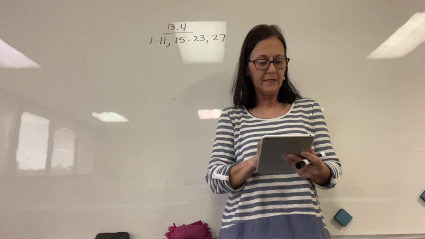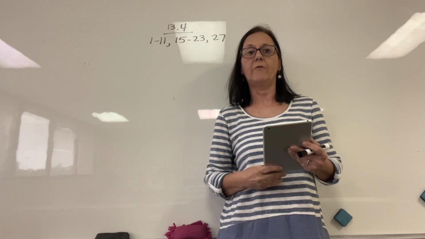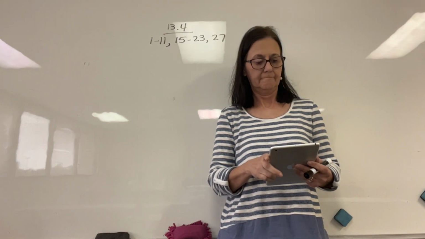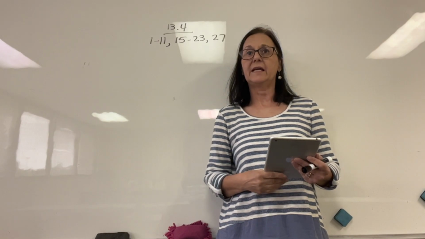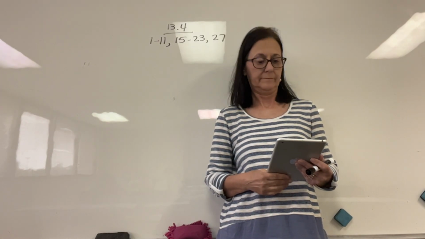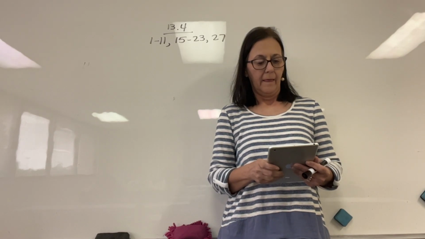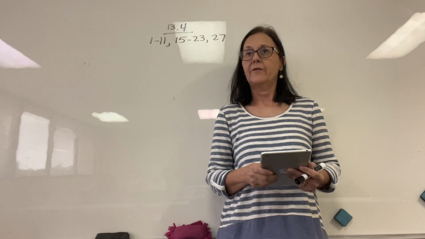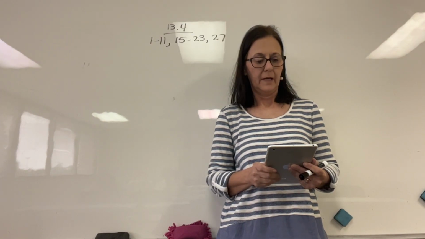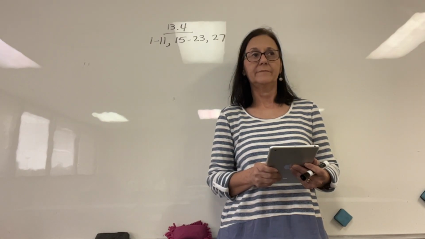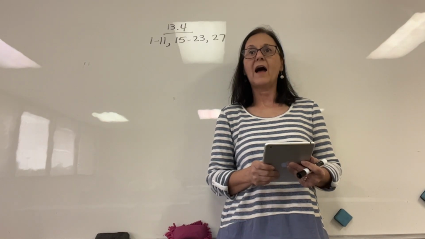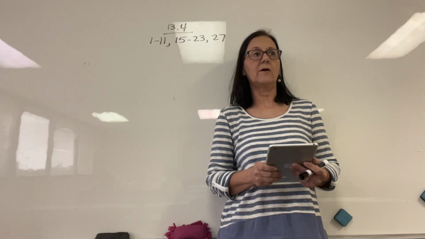Number 14 is 0.04. Number 16, 0.36. Number 18, 30. Number 20, 17 million 576,000.